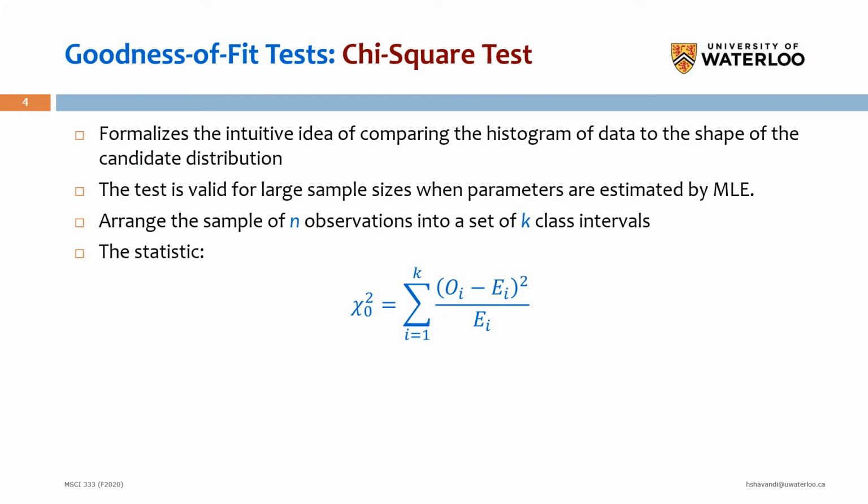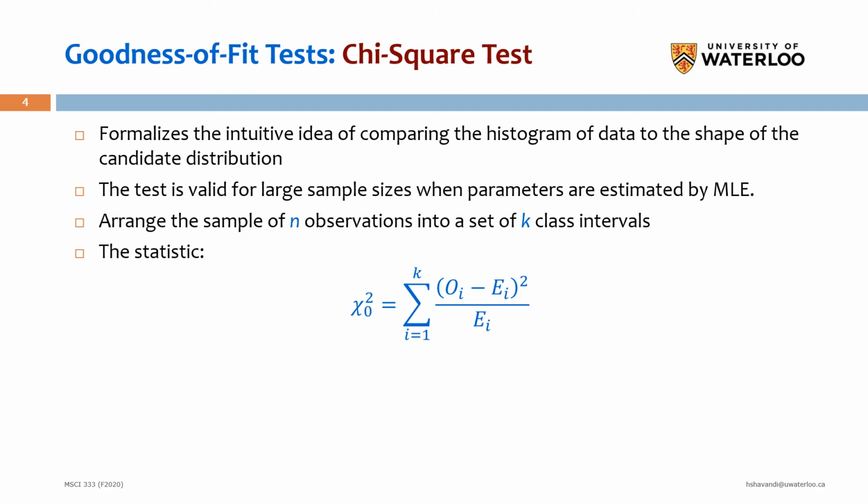The chi-square test: you are familiar with this method. It's exactly the same as the one we had in the previous chapter. The chi-square test is one of the formal methods to test the goodness of fit of a distribution on a data set.